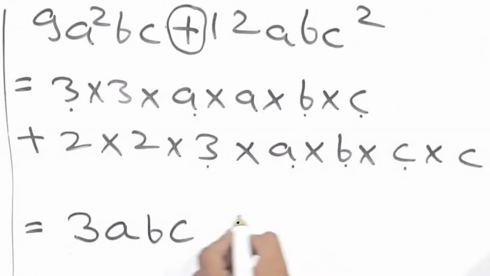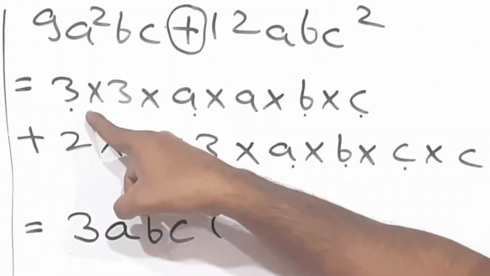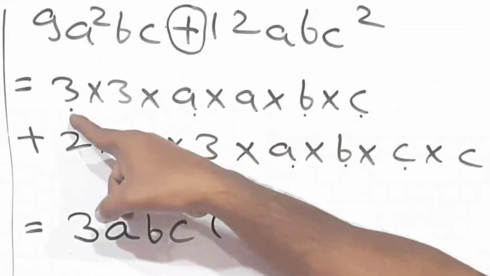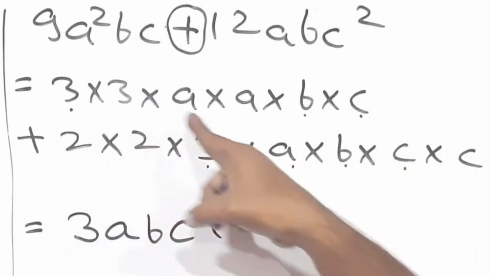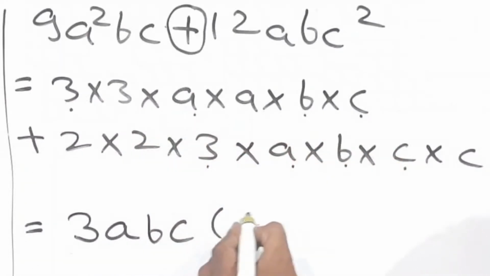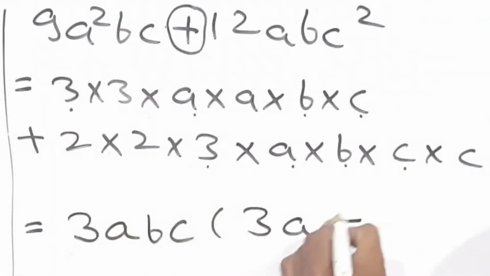After taking this 3abc common, what we have to do? Whatever is remained, we need to write in the bracket. From the first monomial we took 3abc common, so what is remained? 3 multiplied by a, 3a. Write this symbol of plus as it is.